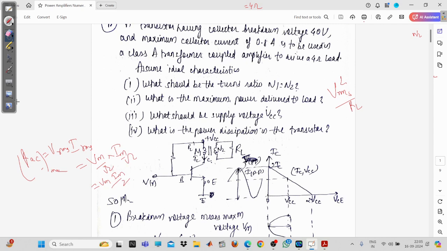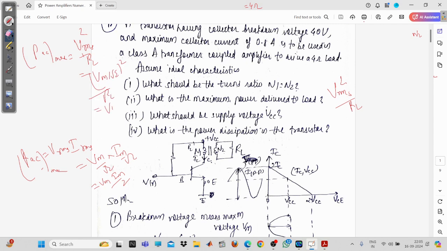Then the other one will be PAC equals to VRMS square upon RL. So in that case, it will be (Vm upon root 2) whole square upon RL.